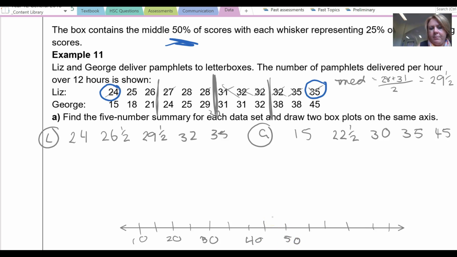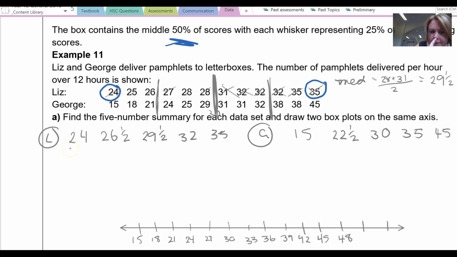I probably could have gone up a bit better than that, because I'm going to have them squished here. So I might rub that out and do it again. Hold on. Okay, before the problem was I didn't have a big enough scale. So this time I've gone up by 3s instead of 5s.